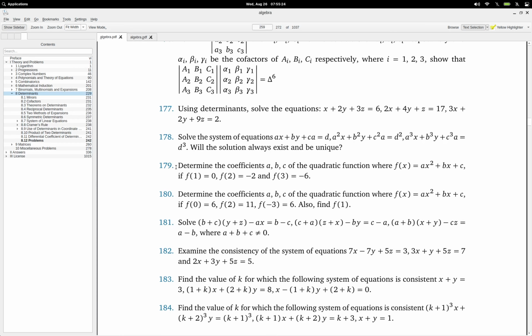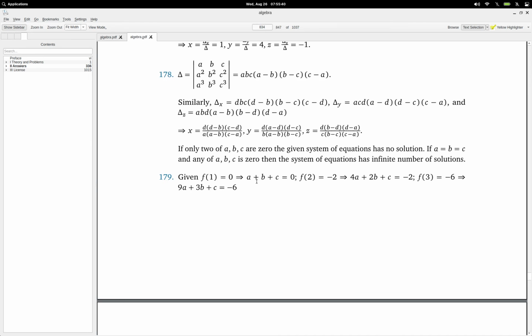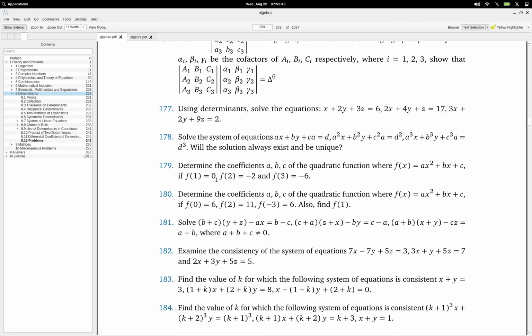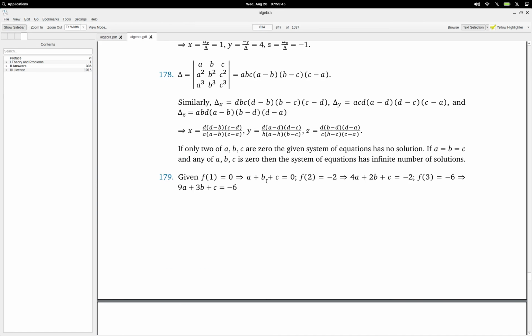Question 179 says that determine the coefficients a, b, c of a quadratic function where f of x is equal to a x squared plus b x plus c, f of 1 is equal to 0, f of 2 is equal to minus 2 and f of 3 is equal to minus 6. So we have f of 1 is equal to 0, that is a plus b plus c is equal to 0. f of 2 is equal to minus 2, that is 4a plus 2b plus c is equal to minus 2.